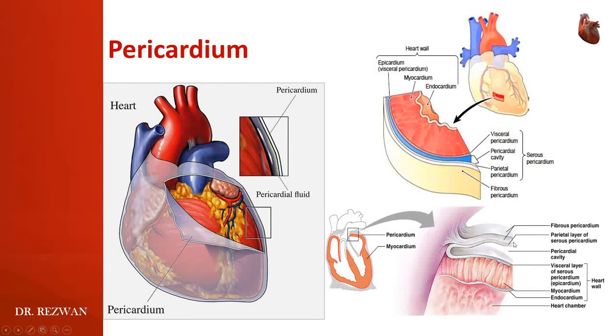Over here it is very obvious that the parietal layer is folding on itself, and it is then covering the surface of the heart as the visceral layer. Then it has the myocardium and the endocardium inside, which are the other layers of the heart.